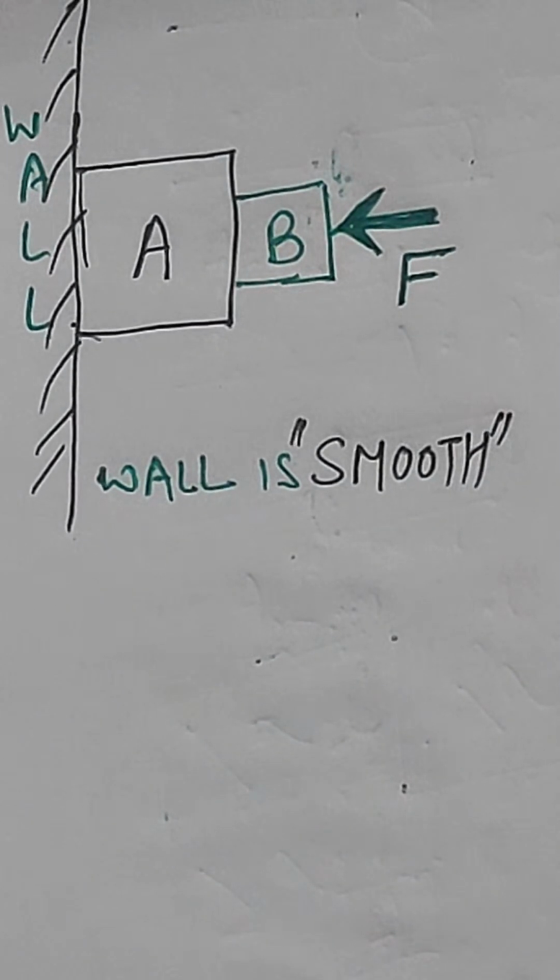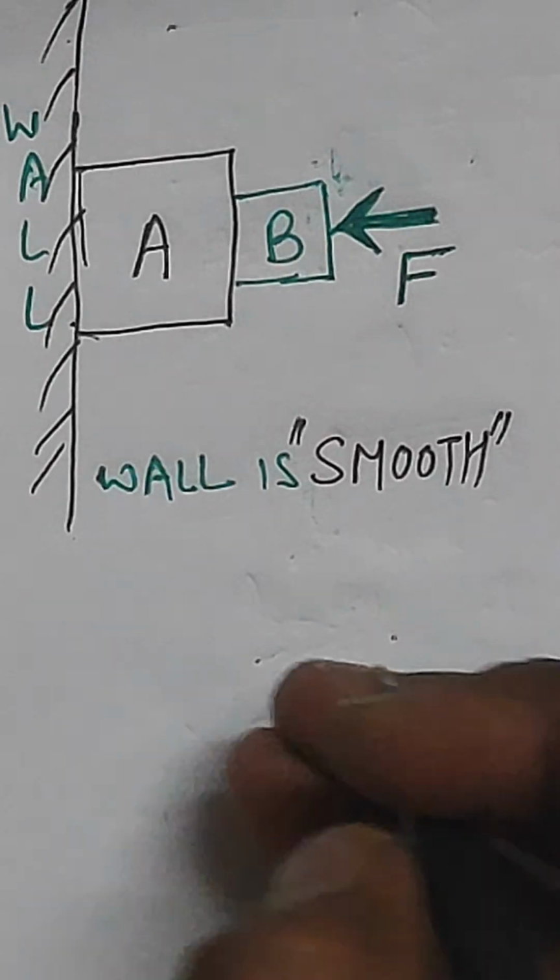What is the second thing? Let us read the question going forward, okay? But the surfaces of A and B in contact are rough.